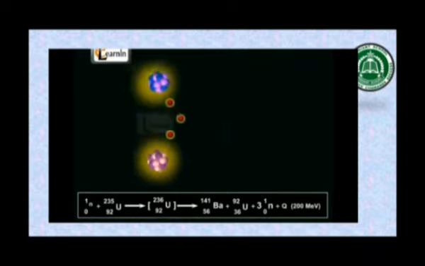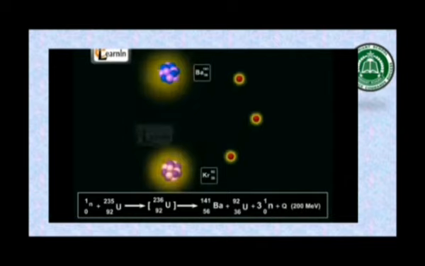So as you can see from the equation, 1 neutron combines with uranium-235, forming an unstable compound nucleus, uranium-236. This unstable nucleus splits into two stable nuclei, barium-141 and krypton-92.